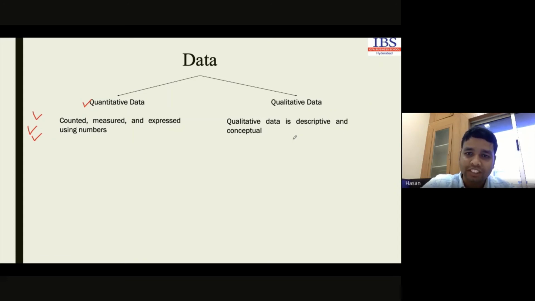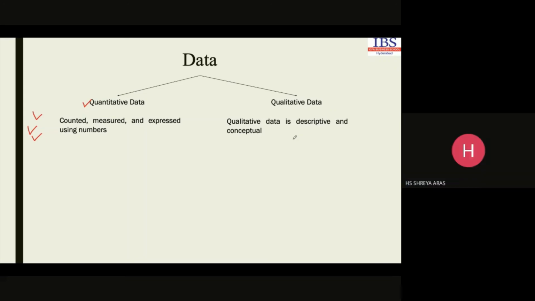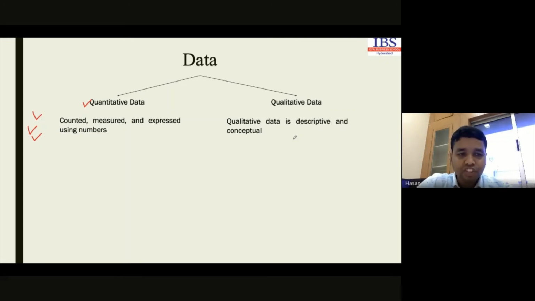For both the cases division may be quantitative, may be qualitative. Quantitative means measurable and qualitative is descriptive in nature, conceptual in nature. So we are not going to measure this particular data directly.